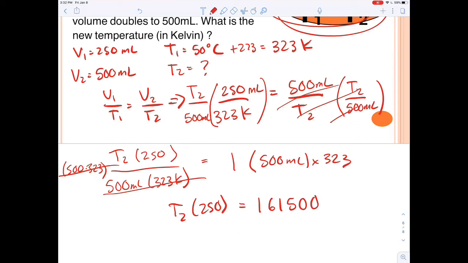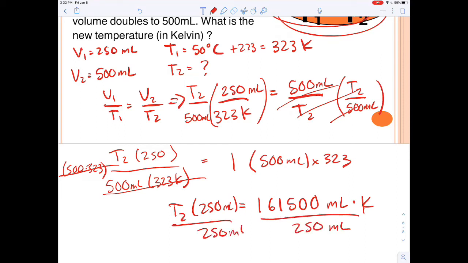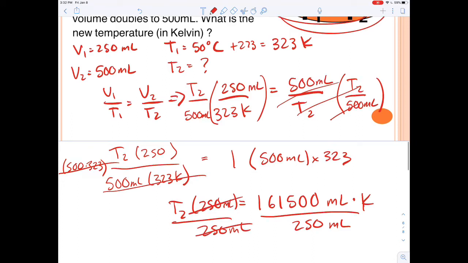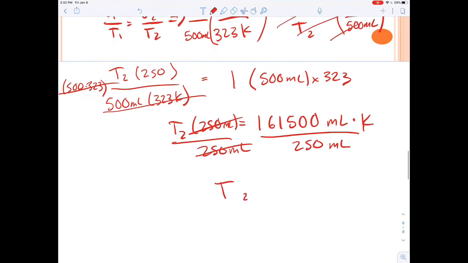So this is milliliters. And this is milliliters times Kelvin. Lastly, we want to divide by 250 to get that by itself. Our milliliters will cancel out. And we get 646 Kelvin.